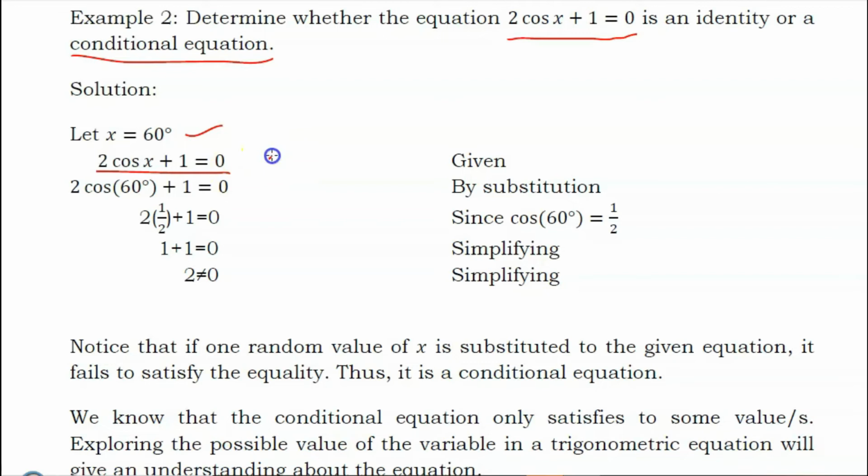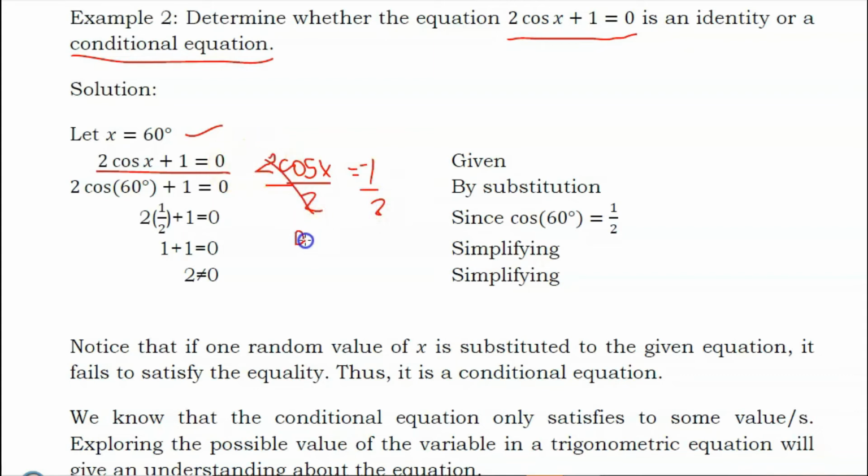We have 2 cosine x equal to -1, just the same as solving an algebraic expression. We will treat cosine x as our one variable, so we divide both sides by 2 to get the value of cosine x.